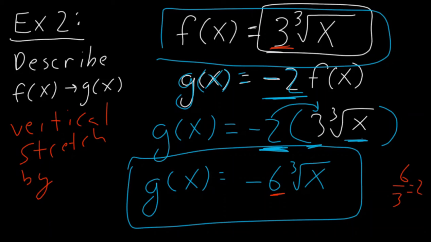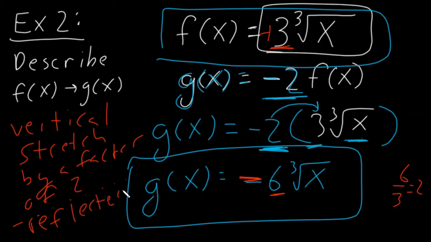So we had a vertical stretch by a factor of 2, and this is huge, we also went from a positive to a negative, which means it was reflected. So don't forget, whenever you switch signs from a positive to a negative or a negative to a positive, our graph is then being reflected. Go ahead and finish these notes, pause the video if you have to, and let's go ahead and move on to example number 3.